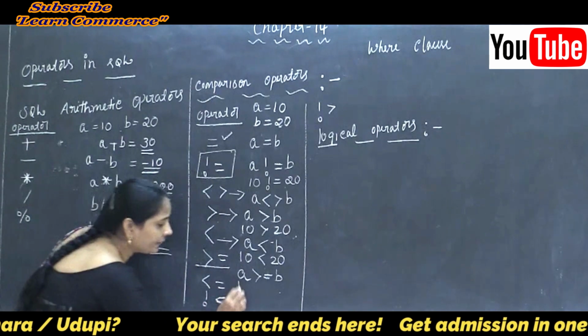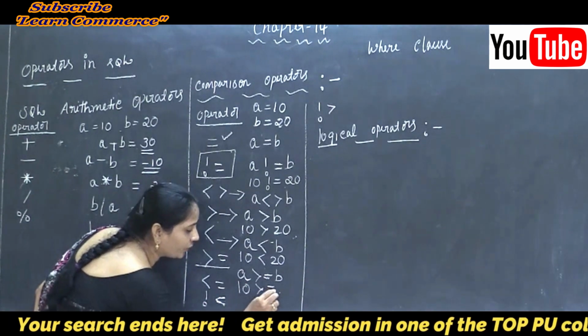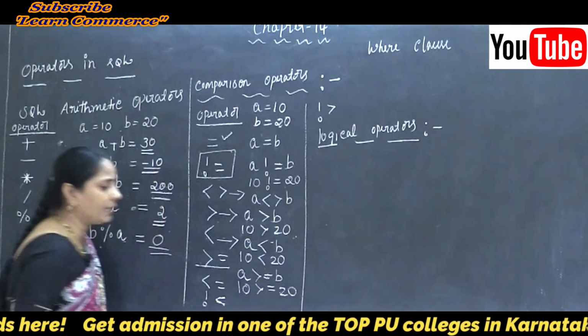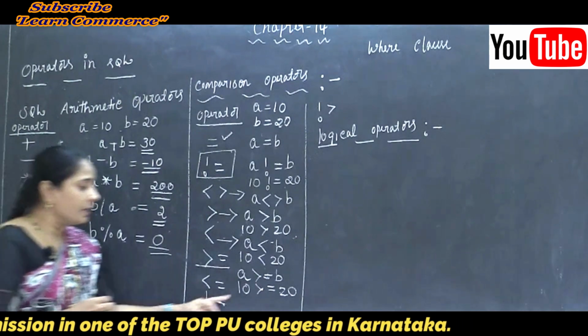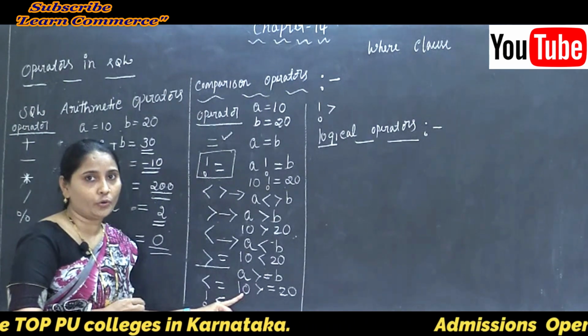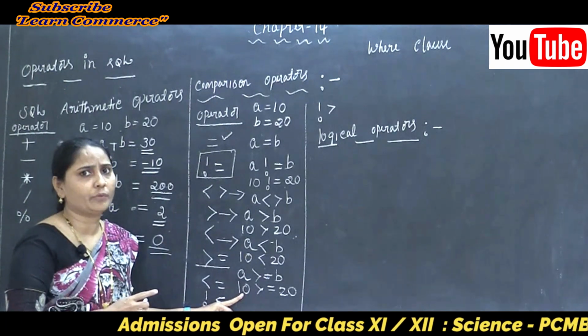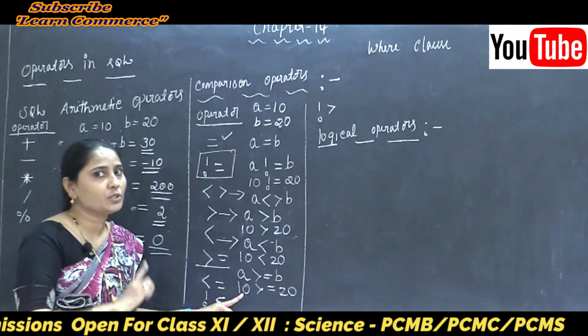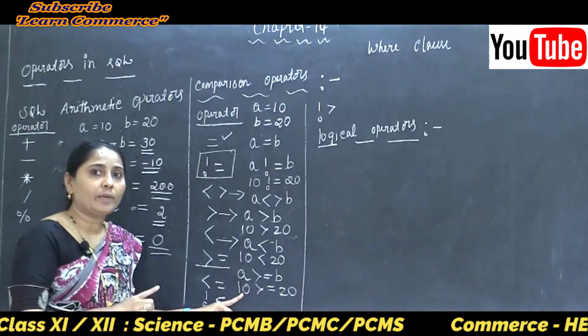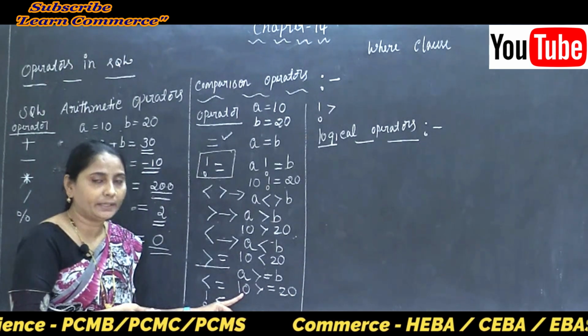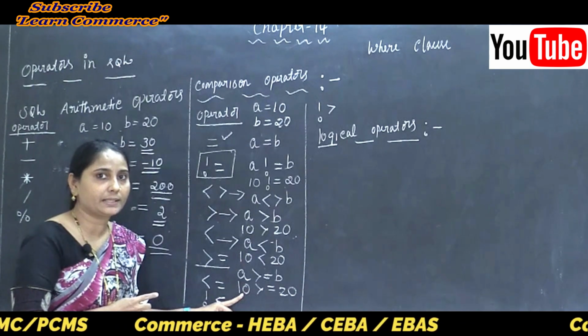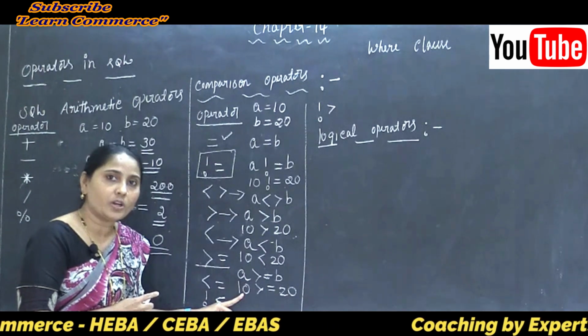A value, the 10 value, is greater than or equal to 20, that is B here. That means the condition is not true. Why? Because 10 is not equal to 20. Any one condition we need to apply. 10 is not equal to 20 and 10 is not greater than 20. Because of this reason we can say that the condition is false here.